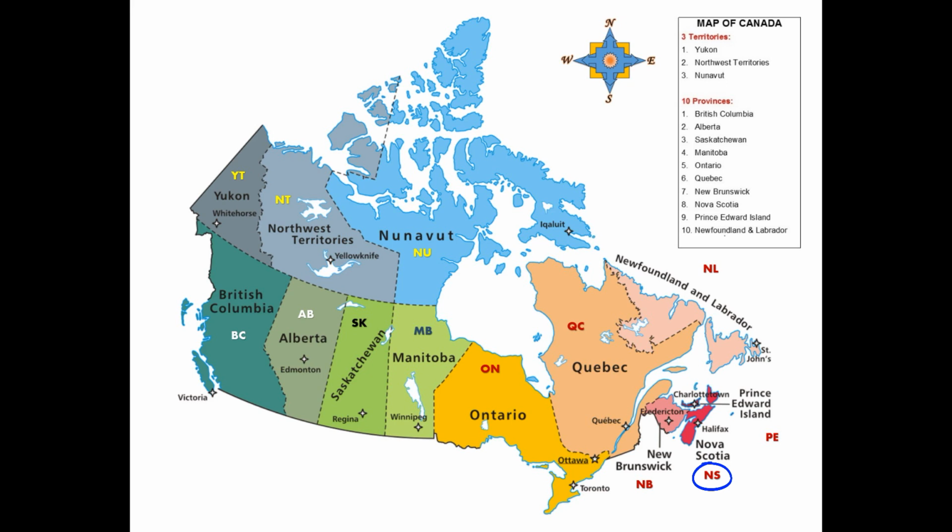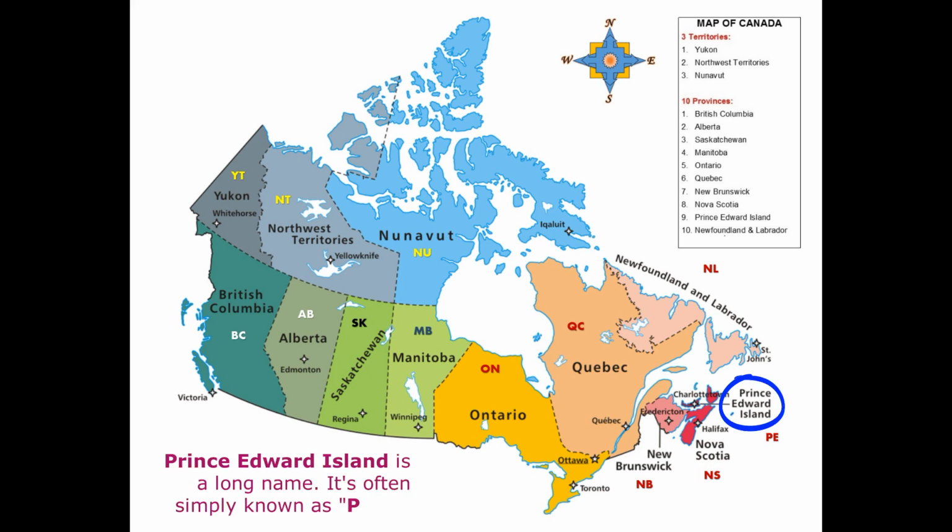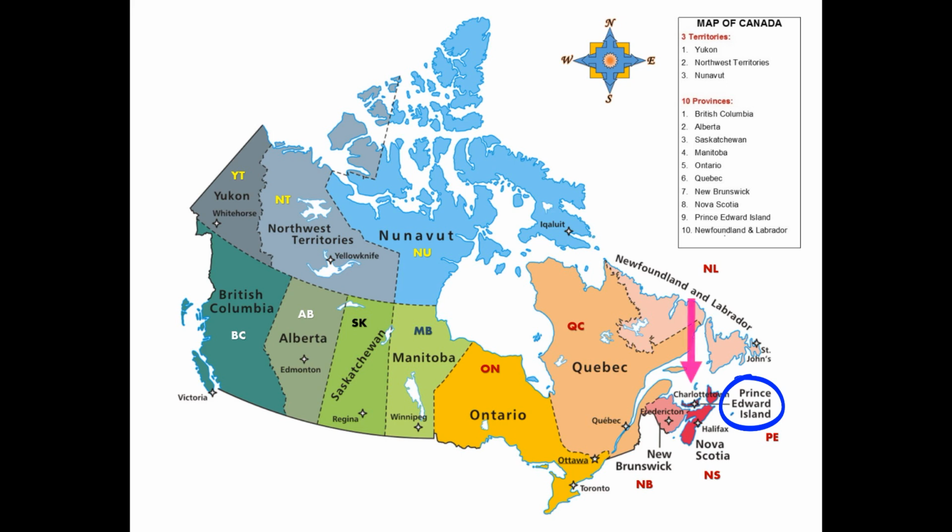All right. And to the east of that, we have the province of Prince Edward Island. Prince Edward Island. And before we say it one more time, it's to the north of Nova Scotia. I said east, but no, it's to the north of it there. And remember that we link these words together.